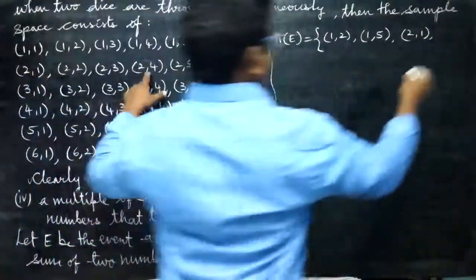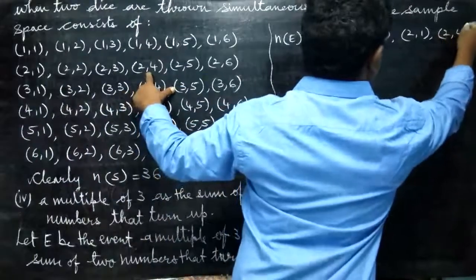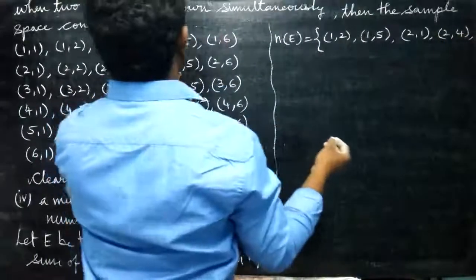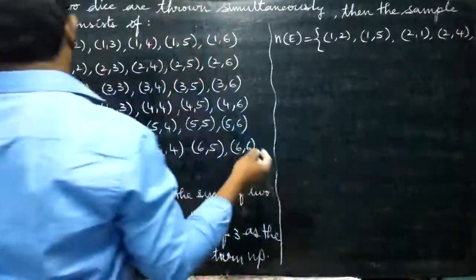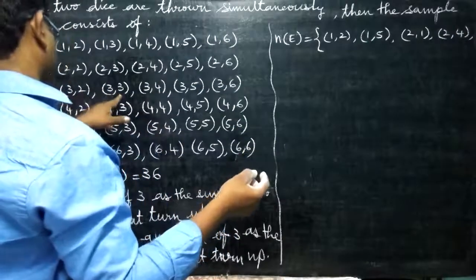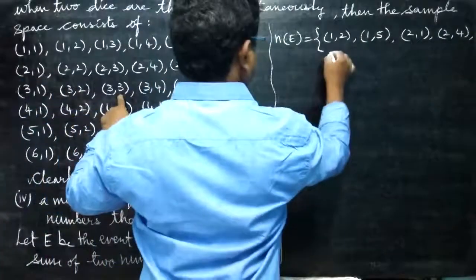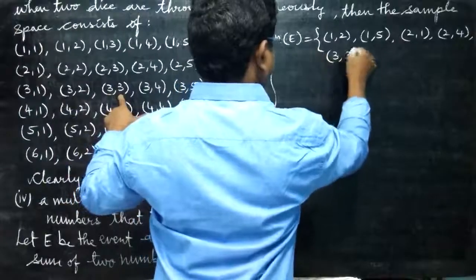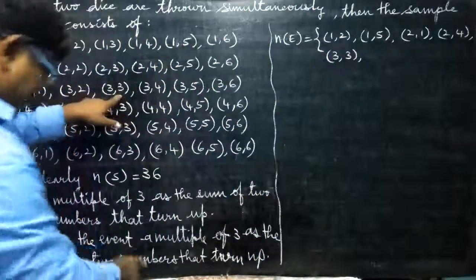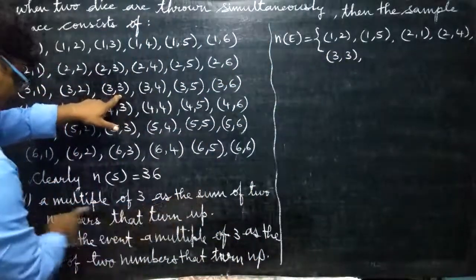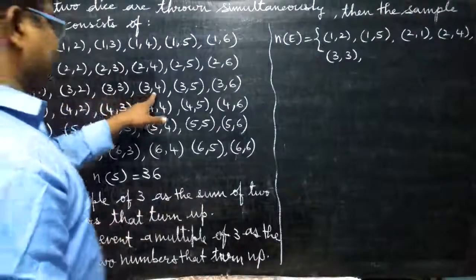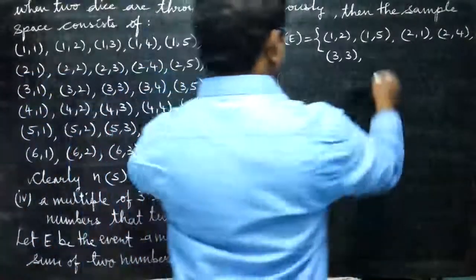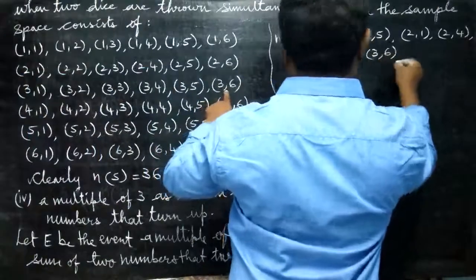Here 6, 2 comma 4. Next 7. Here 8. Here 4, 5, 6. 3 comma 3. When we add, sum means addition. It should be a multiple of 3. Here 7, 8, 9. 3 comma 6.